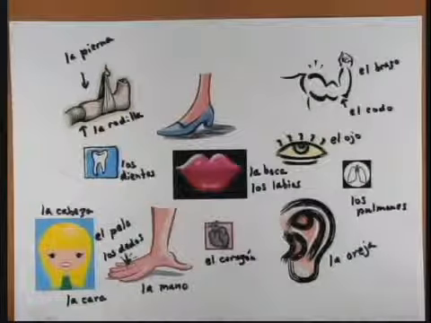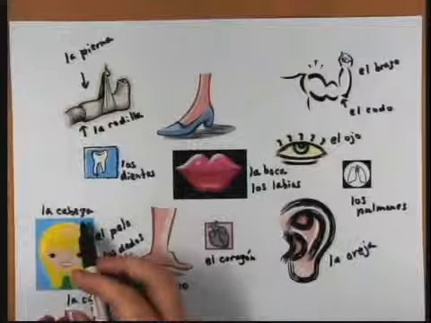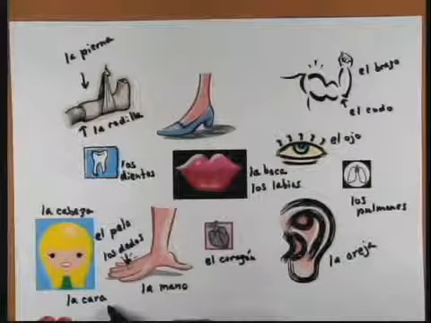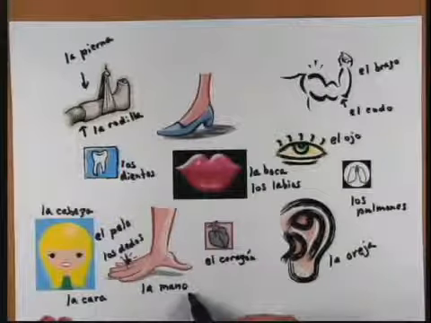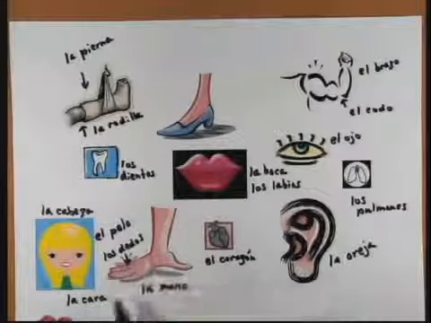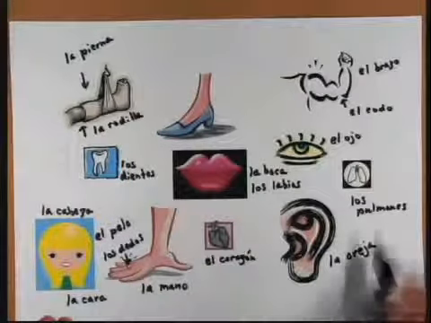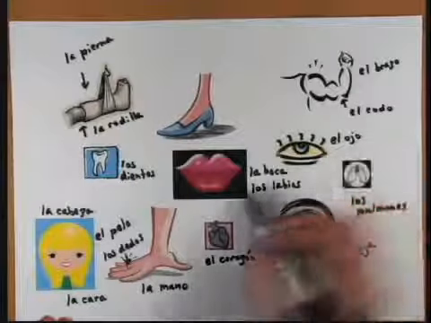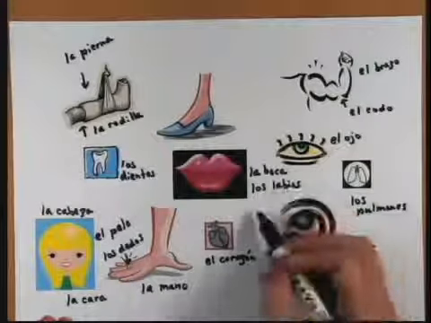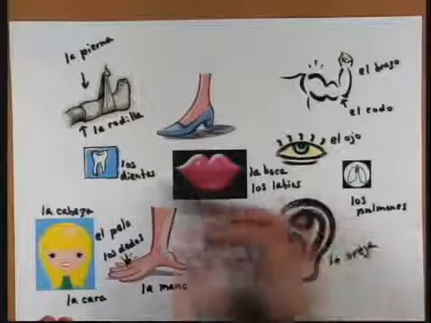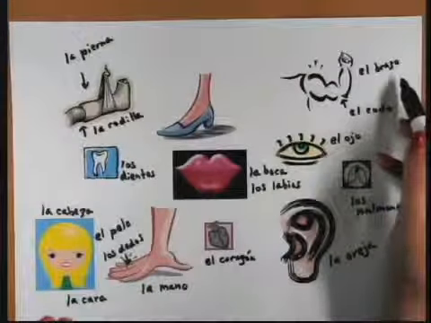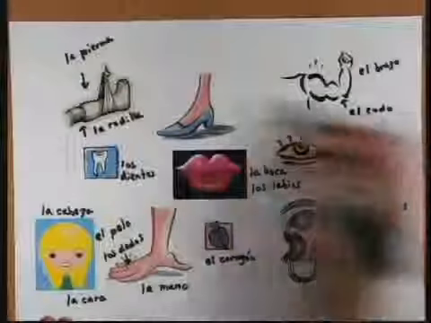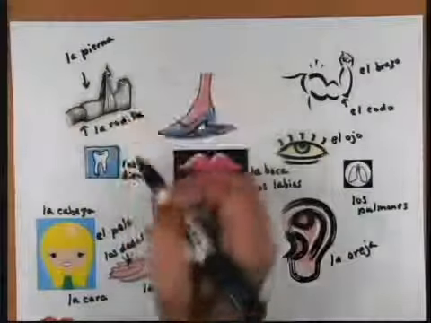Vamos a repasar todo el vocabulario. Repite: la cabeza, la cara, el pelo, la mano, los dedos, la oreja, el ojo, la boca, los labios, los dientes, el brazo, el codo, la pierna, la rodilla.